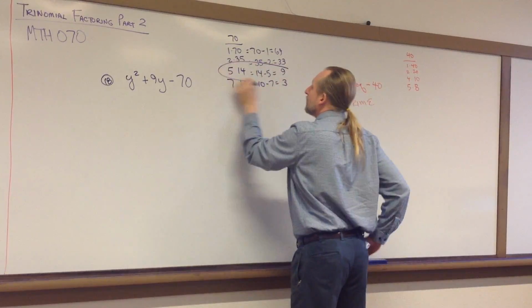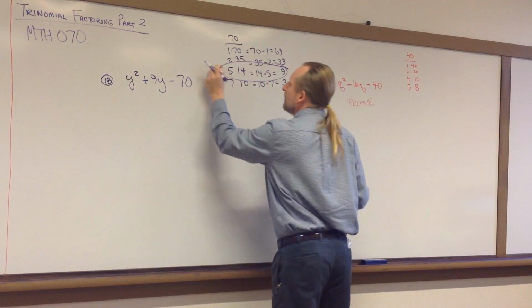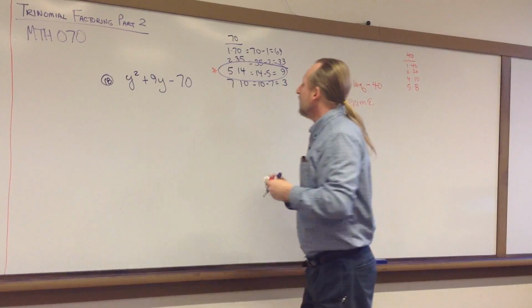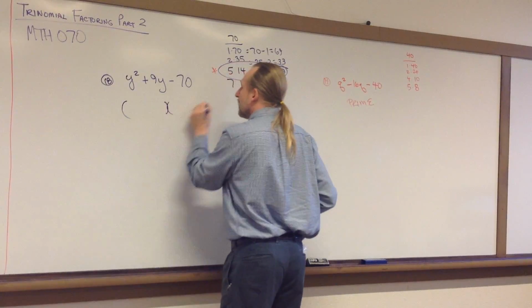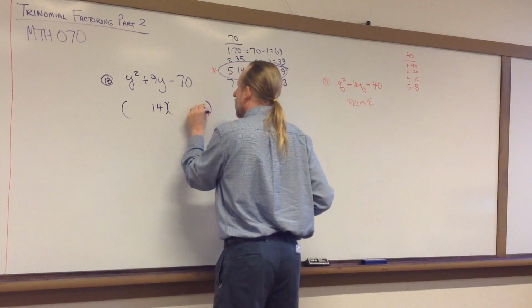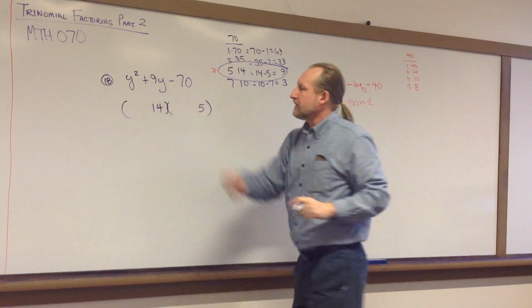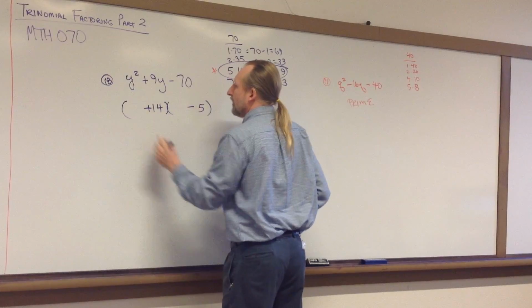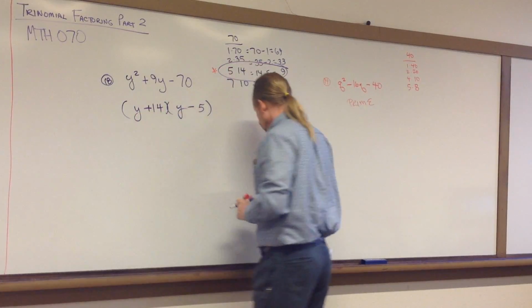So here's the one we're looking for, 5 times 14. And so we'll put our numbers in there. And we need a positive 9, so we want the 14 positive and the 5 negative.